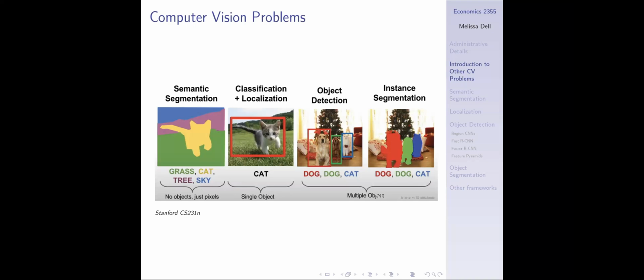But in order to understand object detection, we need to talk about a couple of other problems. One is classification and localization. So far in the course, we've been talking about classification, which is just that you have an image and you classify what kind of image it is. Like in ImageNet, it's a cat, a dog, a car, an airplane. With localization, you do that, but you also want to draw the bounding box in the image for where that object is.